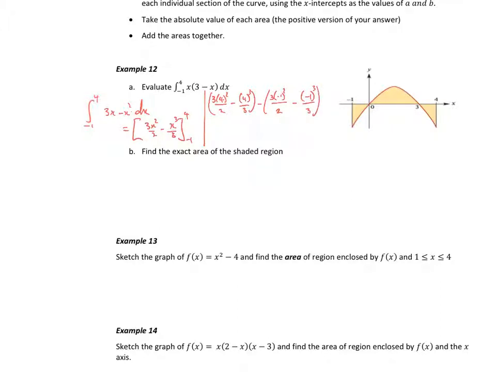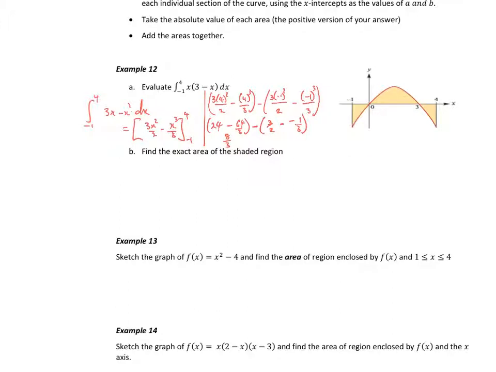So what is 4 squared? It is 16. So 16 over 2 is 8, 8 3s are 24. 4 cubed is 64 on 3 minus, what have we got? -1 squared is 1, 3 times 1 over 2 is 3 on 2, and -1 cubed is -1, minus a minus is a plus. So 24 is the same as 72 on 3, minus 64 on 3.